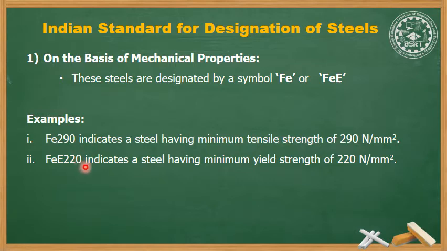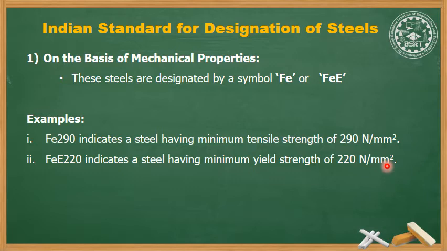You can clearly see, suppose we have another example like Fe300. There is only Fe, so it indicates a steel having a minimum tensile strength of 300 Newton per mm square. And another example, take FeE300, then it means a steel having a minimum yield strength of 300 Newton per mm square.